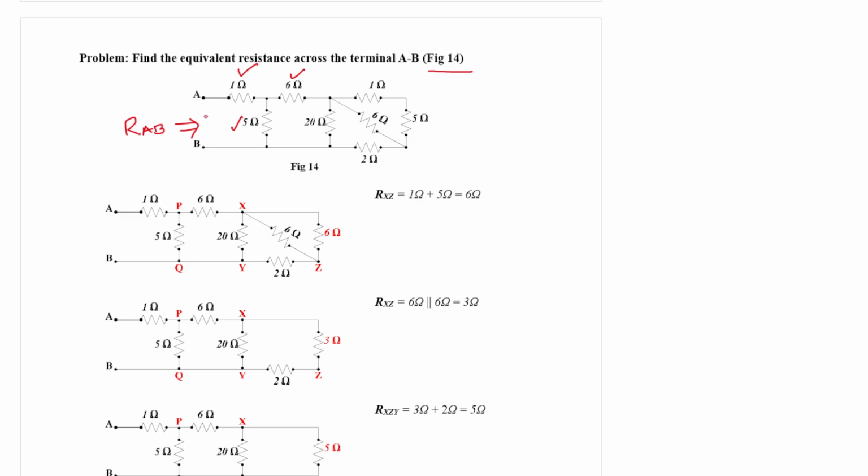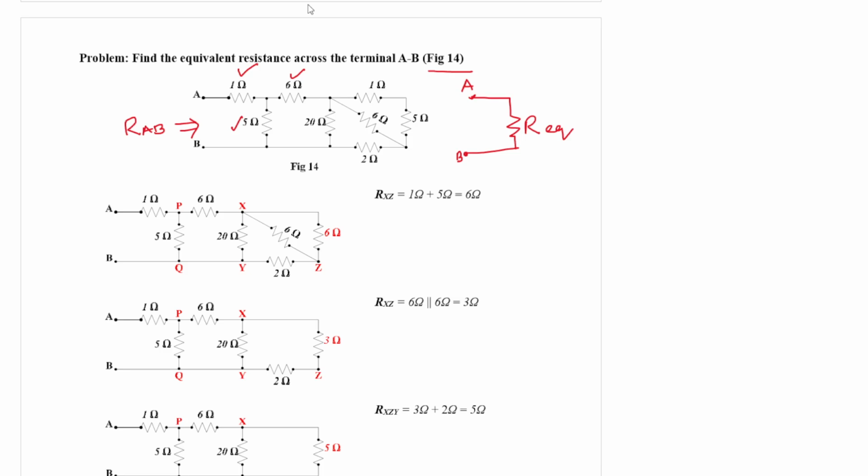So that means, if you want to replace all these resistances with a single resistance, that is the equivalent resistance, what will be the value of that resistance? That is what the problem is all about. Now the problem can be solved by the knowledge of series combination and parallel combination of resistances.